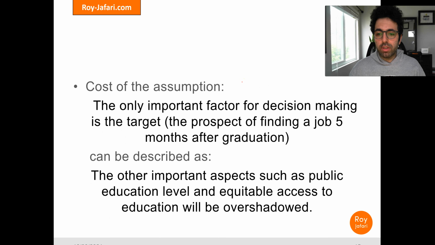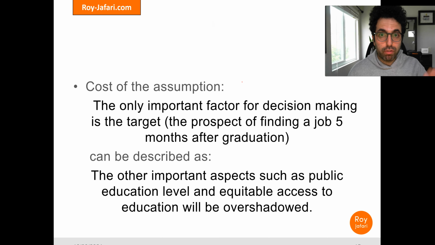So for instance, the cost of the first assumption could be described as, when we make our decisions based on this one target, we are saying that the other aspects, such as access to education or equity of the education, become less important or become zero. They will have zero importance.